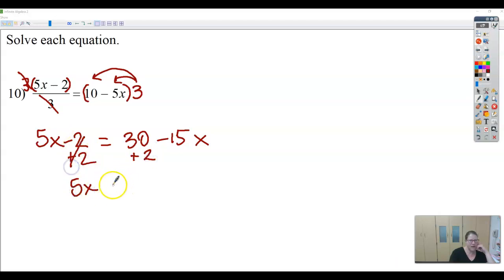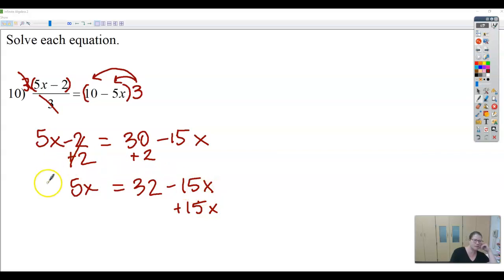So that would be 5x equals 32 minus 15x. And then remember, I want to get the numbers that are plain numbers away from the numbers that have variables. So I want to move the 15x to this side instead of subtracting 5x from both sides, right? Technically, you would get the same answer. We'll just add more steps if you do it the other way.